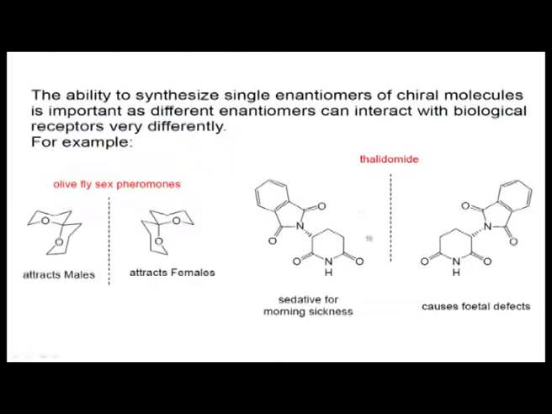This was given as a DL mixture. At that time, drugs were all given as racemic mixtures unless they were naturally occurring, because natural products are all chiral. Synthetic drugs made in the laboratory were all prepared in the DL form, because the DL form is the easier one to make.